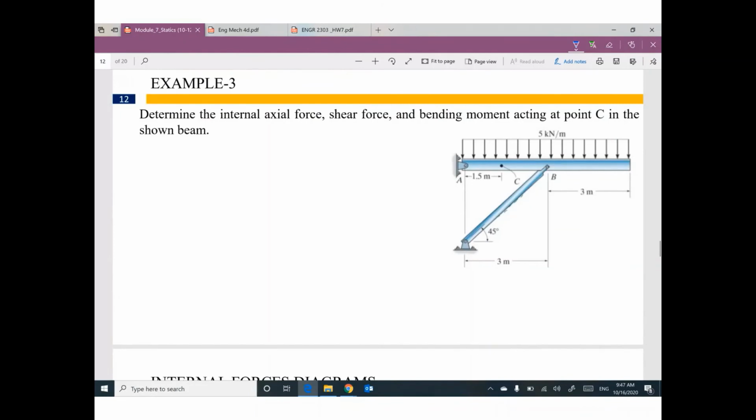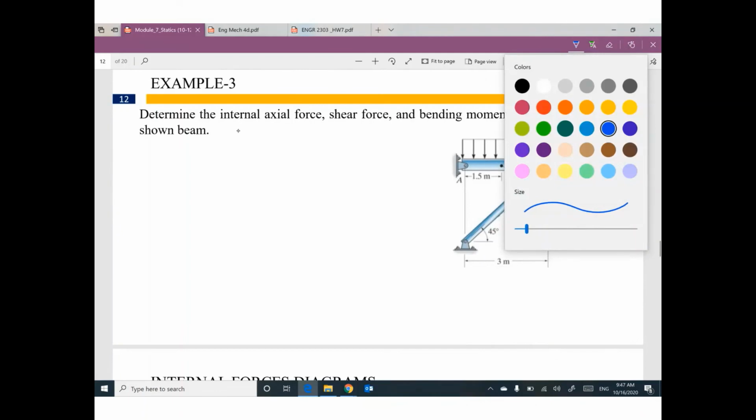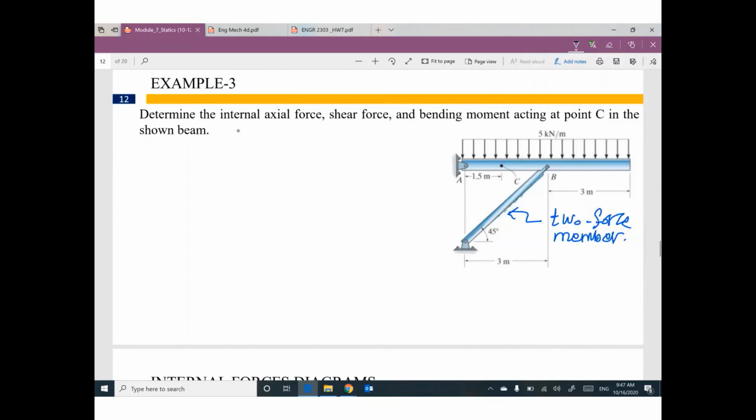Anybody remember what is the meaning of this member? Two force member. What do you mean? I can delete this member and draw this beam like this.